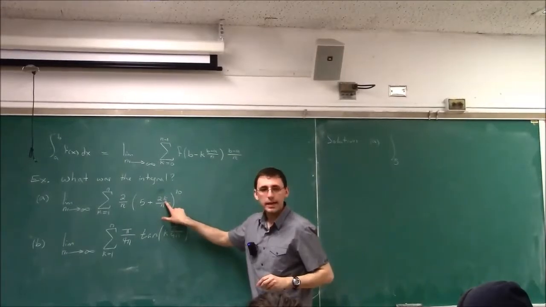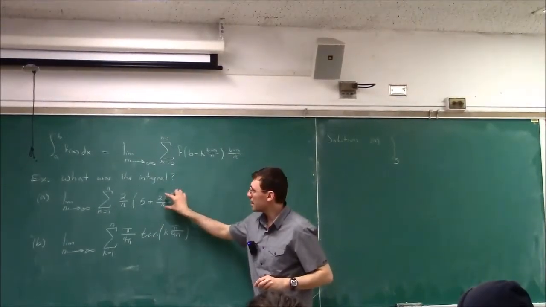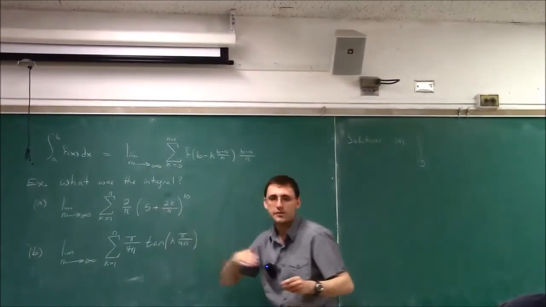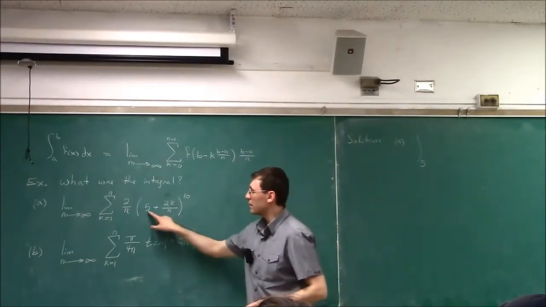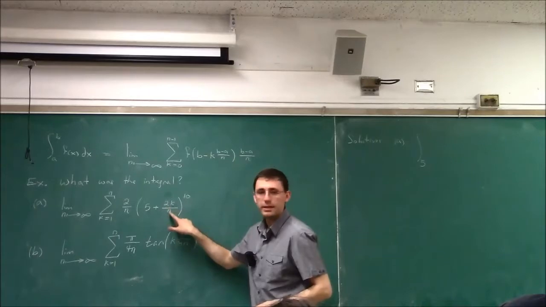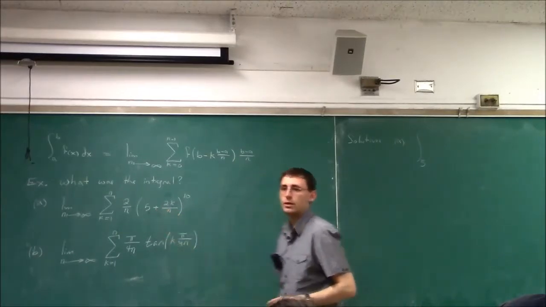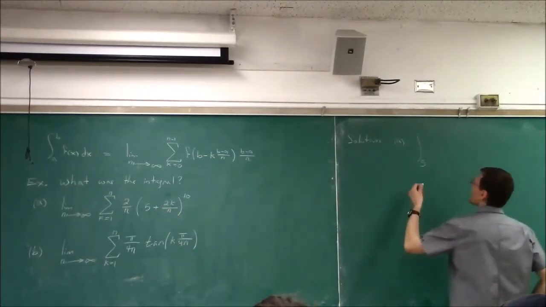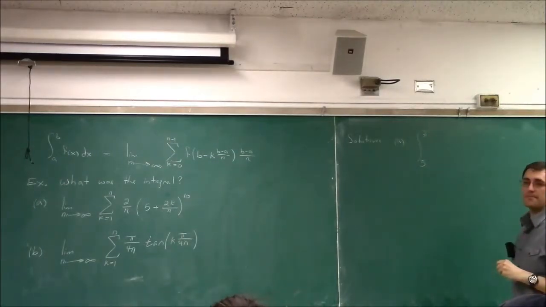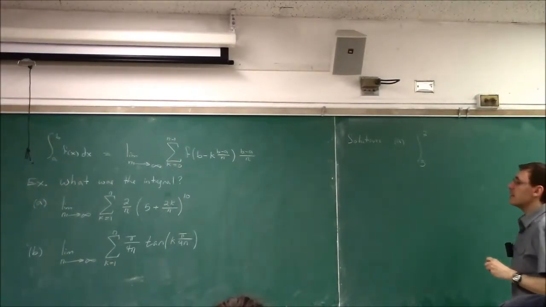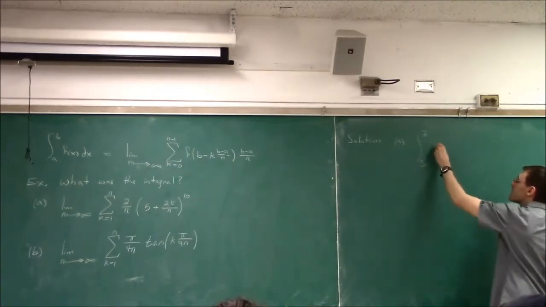Now plug in k equals n, that means displace from 5 as far as possible, by n segments. That would be 5 plus 2 times n divided by n, which is 5 plus 2, and that gives you 7. What function? x to the 10th power.